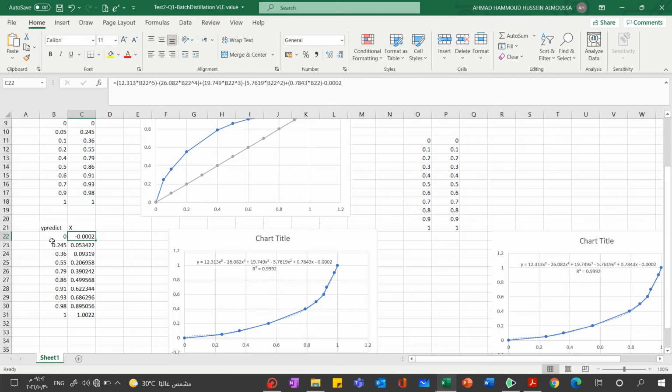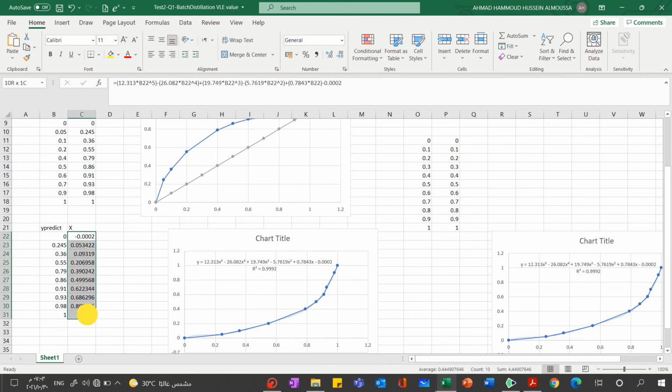So when we plug all these values and this equation into this column, and the y value we copy from the original question, and the x value, which is a function of y, we put the y value from Excel rather than x here, so it gives us these numbers.